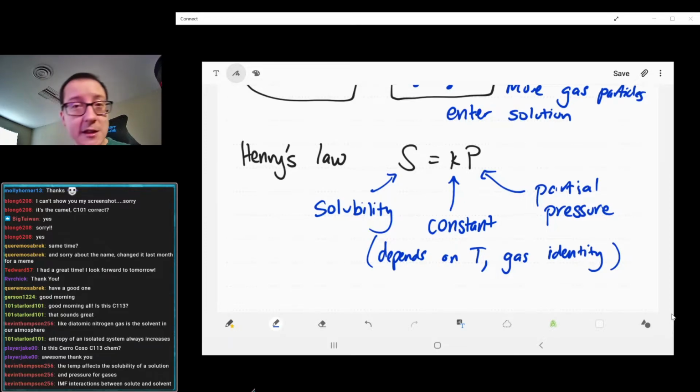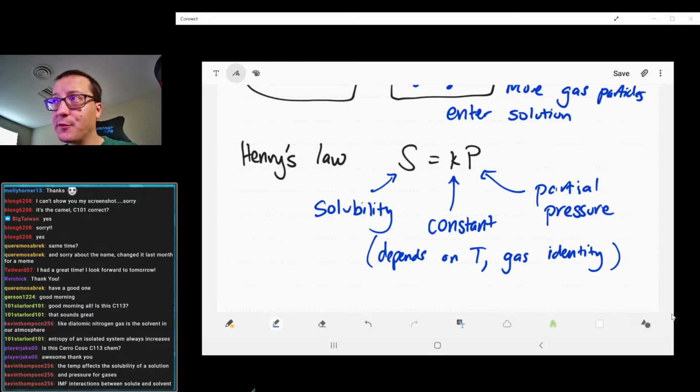Again, we're forcing collisions with the gas-liquid interface there. Forcing more of those collisions means we're going to get more of those to go in there. And again, we're going to be more likely to break solvent-solvent interactions with higher temperature and to break solute-solute interactions as well. So, cool. That is our solubility stuff.